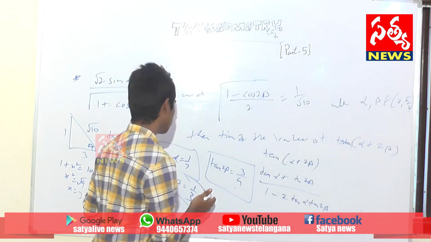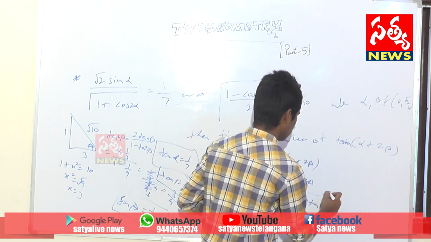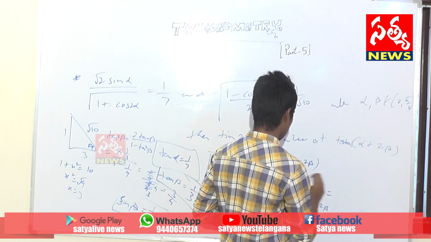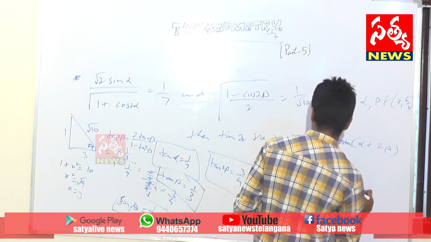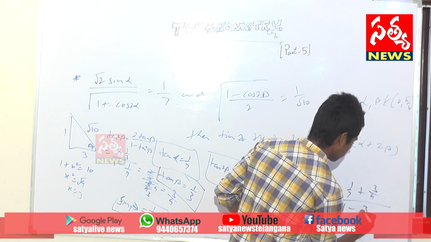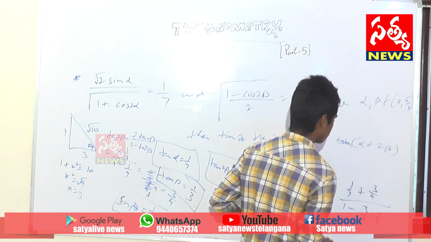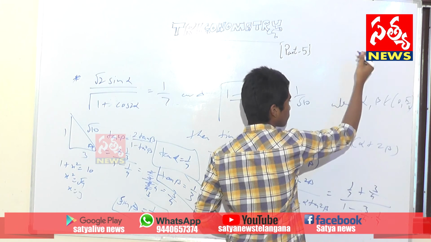Now put all the values, tan alpha 1 by 7, tan 2 beta 3 by 4, in the formula: 1 by 7 plus 3 by 4 by 1 minus 3 by 4 into 1 by 7. I am writing it up.